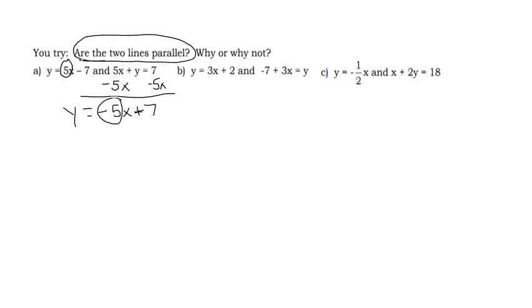So they are not parallel. But my question for you is, could they be perpendicular? And remember, we need them to have opposite signs for the negative part, and they need to be flipped for the reciprocal. And they are not flipped. So they are neither.